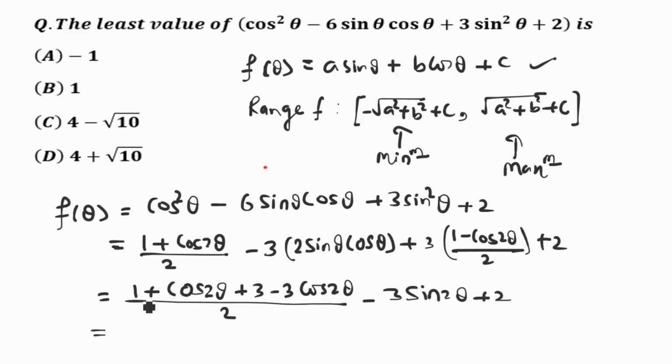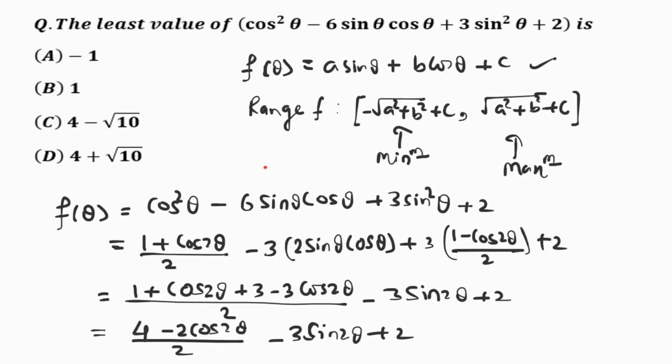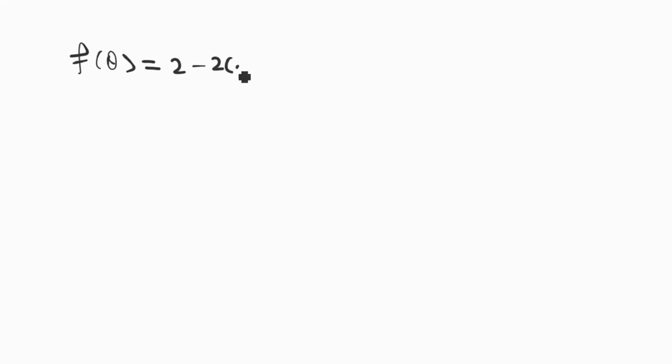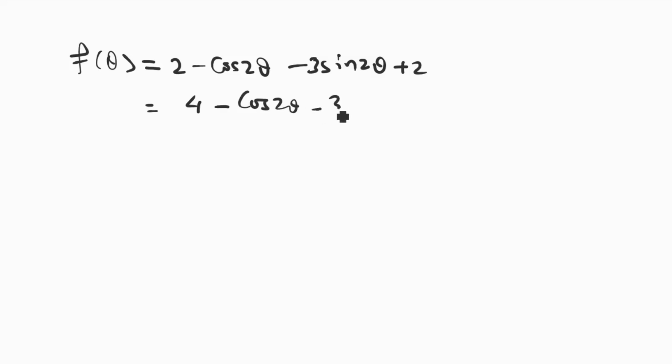Now 1 plus 3 is 4, and cos 2 theta minus 3 cos 2 theta is minus 2 cos 2 theta, divided by 2, minus 3 sin 2 theta plus 2. Taking 2 common, the 4 and 2 cancel to give 2, and minus 2 cos 2 theta divided by 2 gives minus cos 2 theta. Then 2 plus 2 is 4, so f theta equals 4 minus cos 2 theta minus 3 sin 2 theta.